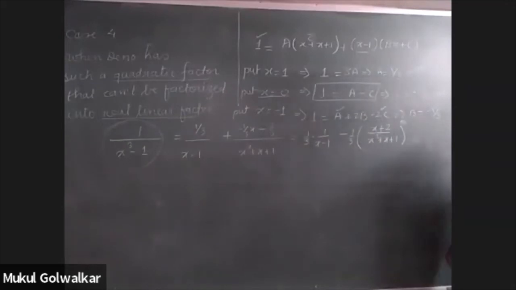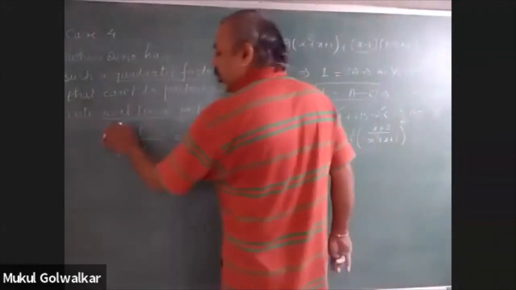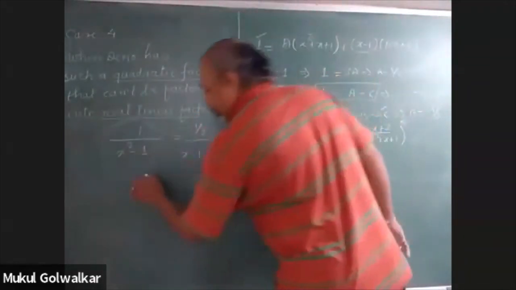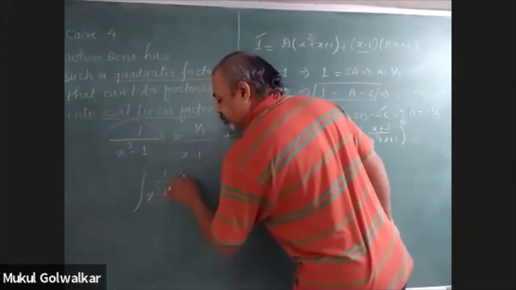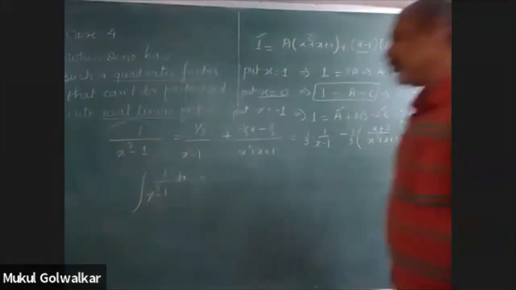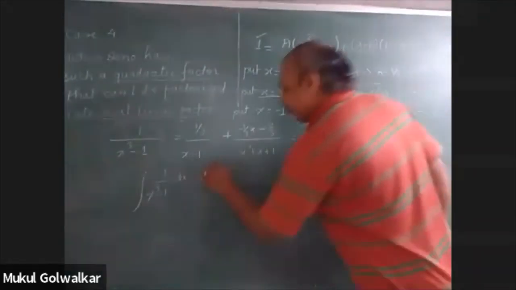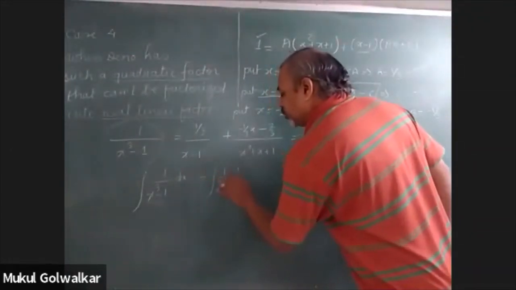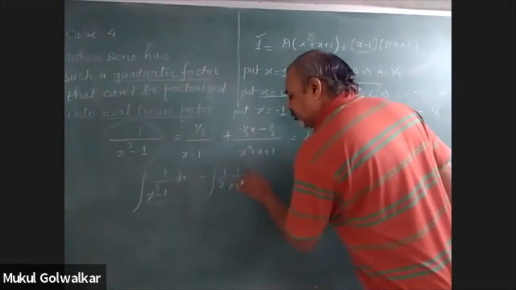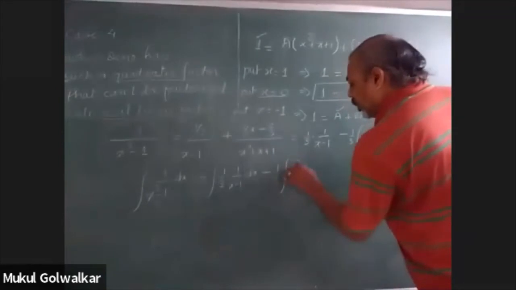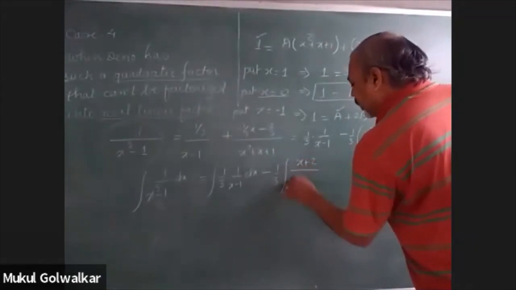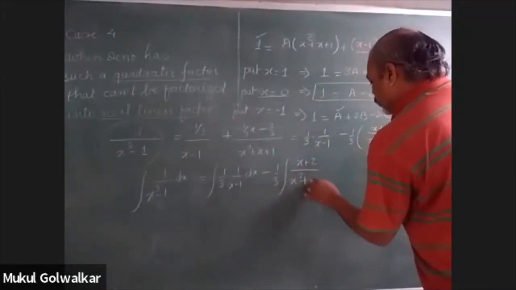Now if we are given the integration of the original function, integration of 1 upon x cube minus 1, it would give you the integration of 1 by 3 times 1 upon x minus 1 dx minus 1 by 3 outside, integration of x plus 2 divided by x square plus x plus 1 dx.